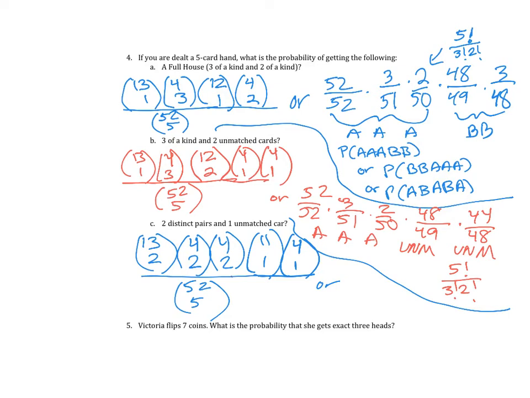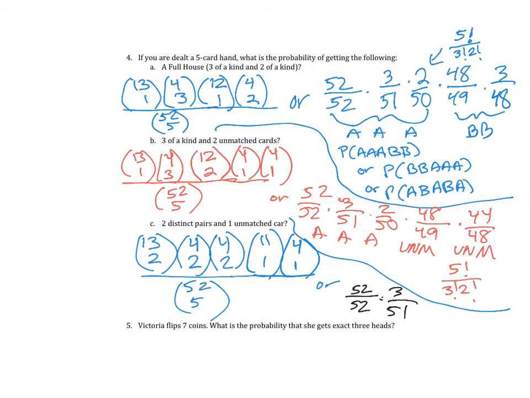Okay. So as always here, the first card can be anything in these cases, and if we're talking about pairs, there's not a specific type of card that you need first. So the first card can be anything, but once I've gotten that first card, if I want a pair, the probability of the next one matching is 3 out of 51.